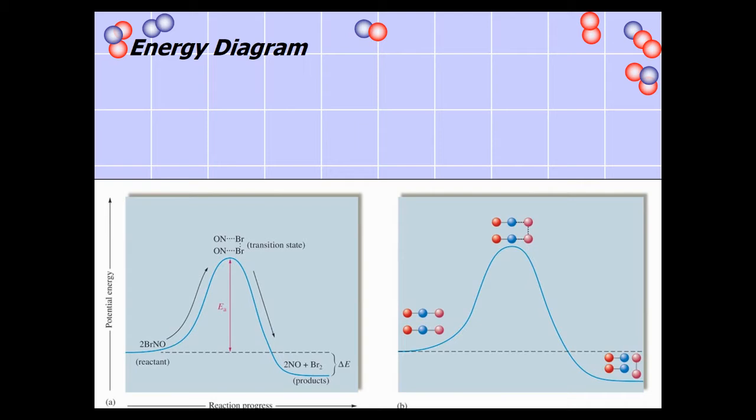All right, so one of the things you would have seen, I'm hoping this is a review of first year chemistry, is energy diagrams. So this is the energy diagram of what happens when two NOBr molecules collide and produce NO and bromine as their products.